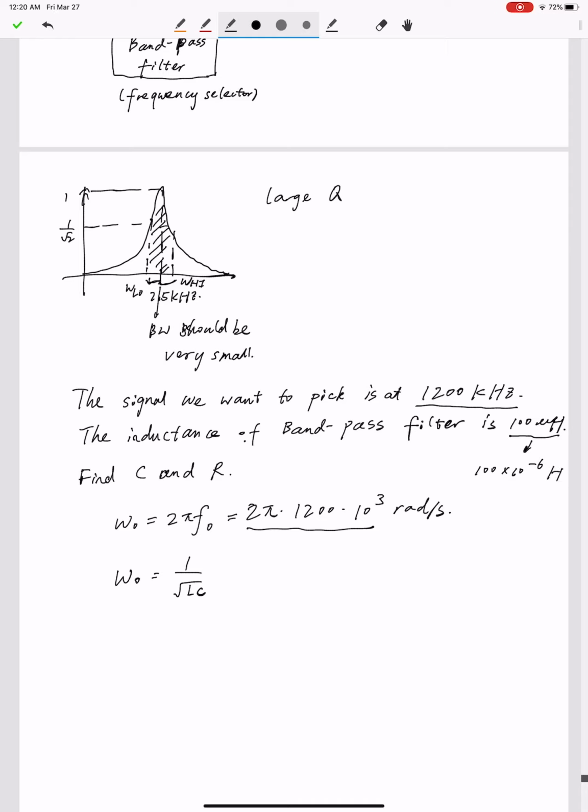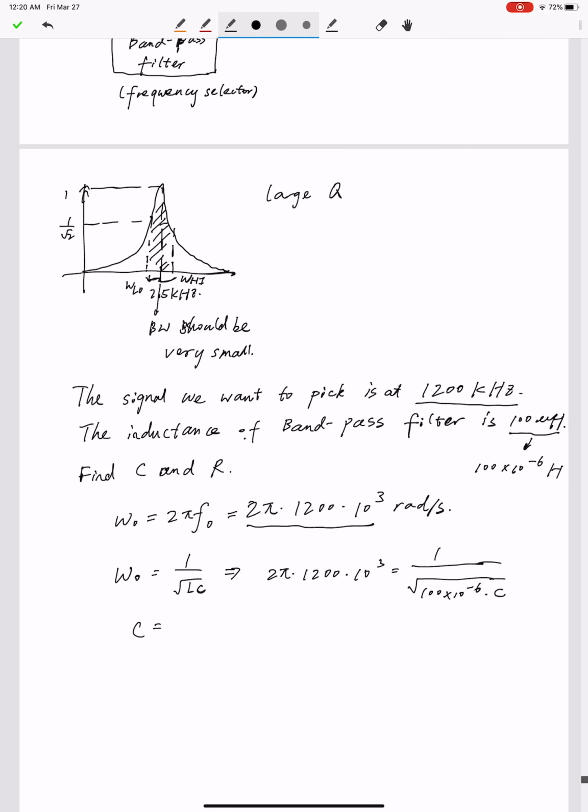Plugging in these two values, we get 2 times pi times 1200 times 10 to the power of 3 equals 1 over the square root of 100 times 10 to the power of minus 6 times C. And as you can see, there's only one variable in this equation, so we can find the capacitance.